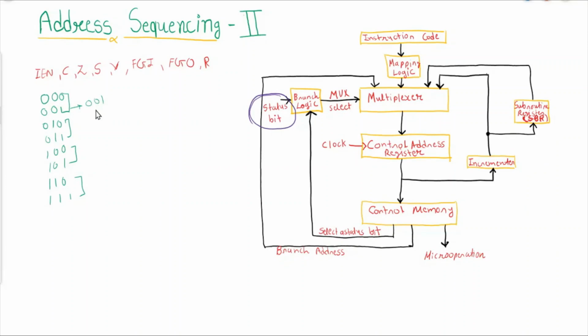If the value of the carry flag is 1, then the branch address will be selected.